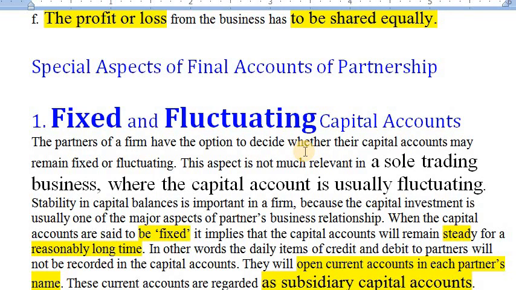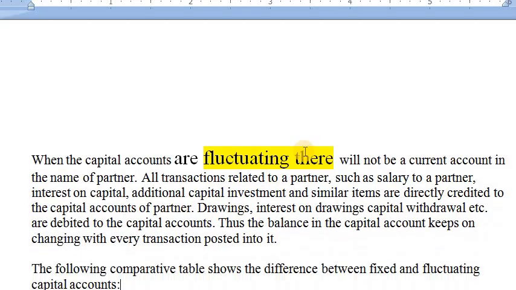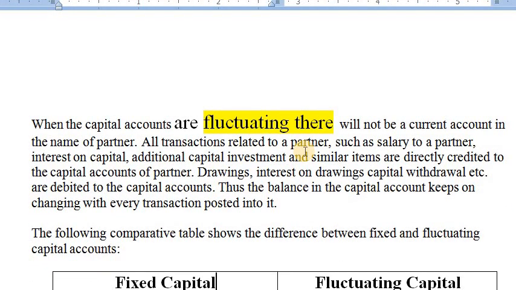If there is any income, interest on capital, salaries, all these things will be credited there. Drawings, interest on drawings, these will normally be debited in the capital account. If the partners want to keep the capital accounts fixed, they will make the entry through the current account. No need to say too much about it.